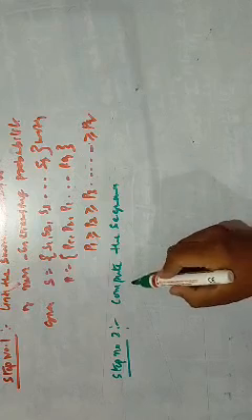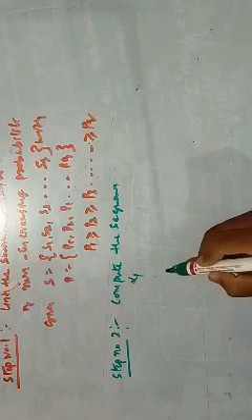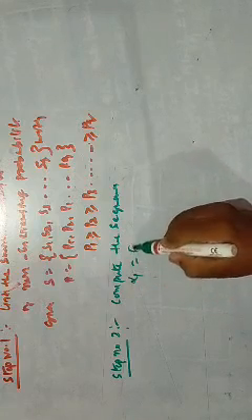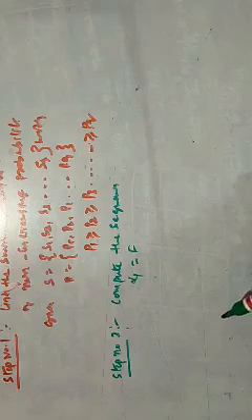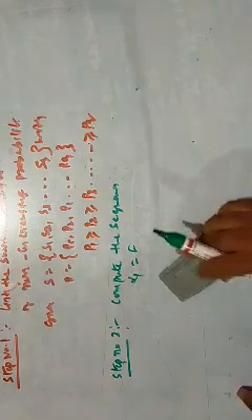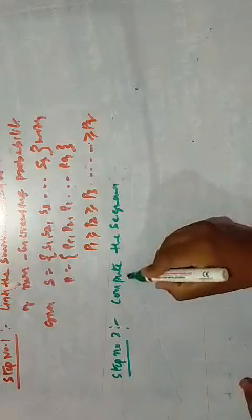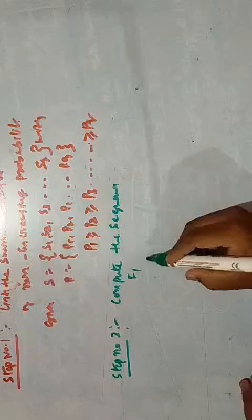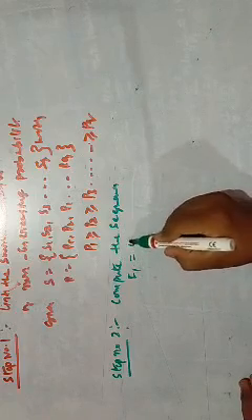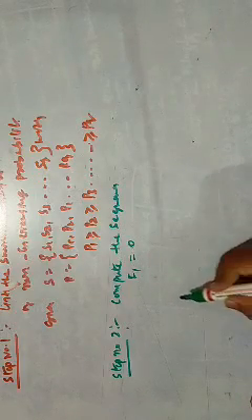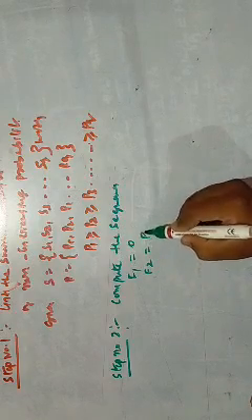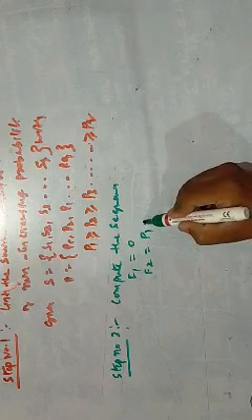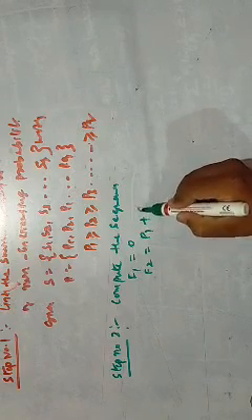In some books it is taken as alpha, and in some books as F. Follow any one of these, it makes no difference, you can use either name. F1, the first value, is 0, and F2 is equal to P1, the first probability, plus F1.